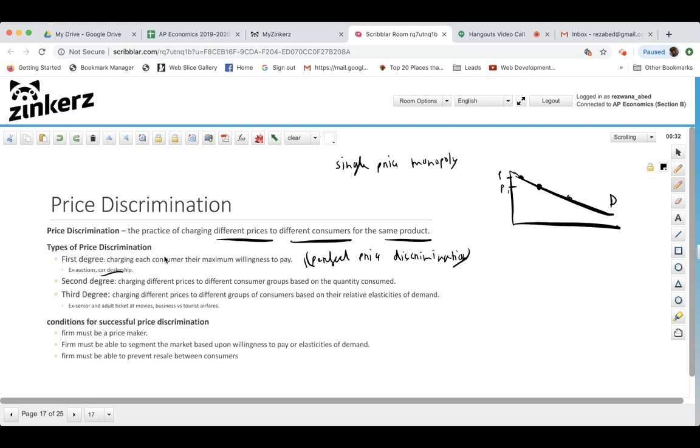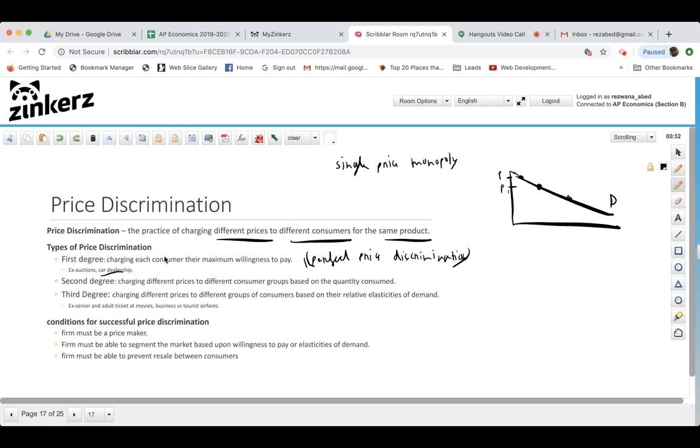It's not just movie theaters. Seniors are usually charged a lower price in most places, right? Because they have less income available. What the monopolist is essentially doing is they're somehow able to segment the market between adults and seniors, right? And this is very easy to do, because it's based on age. You can essentially look at a person and determine whether the person is a senior or not.